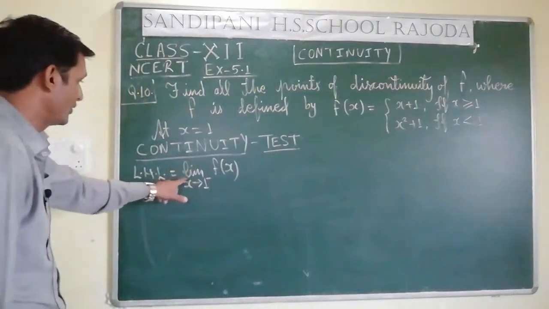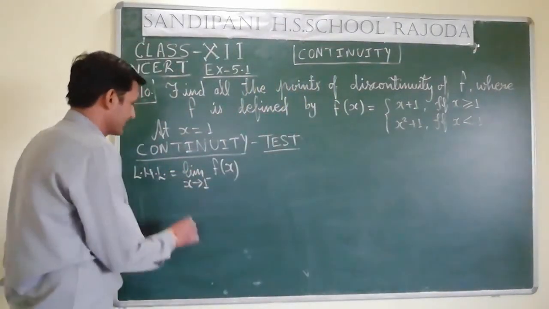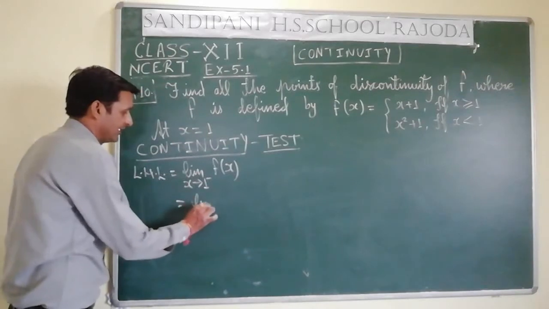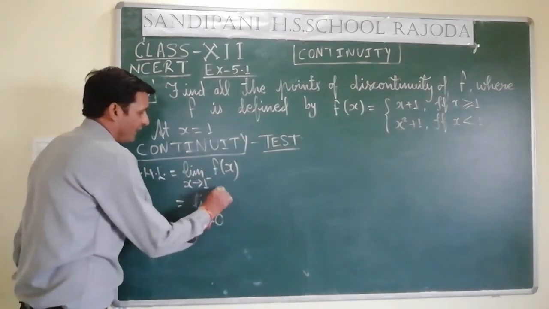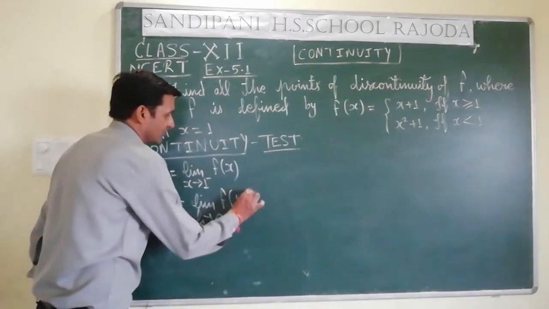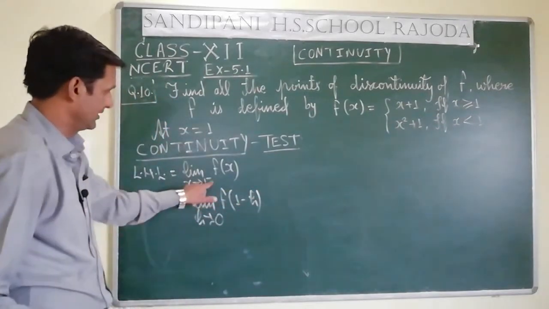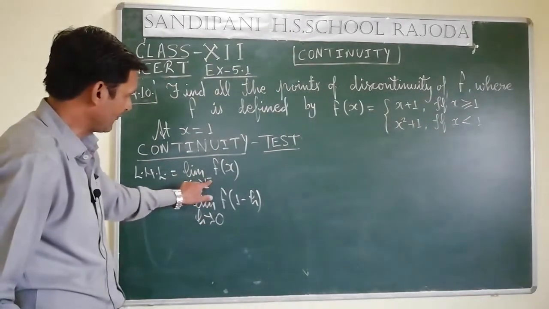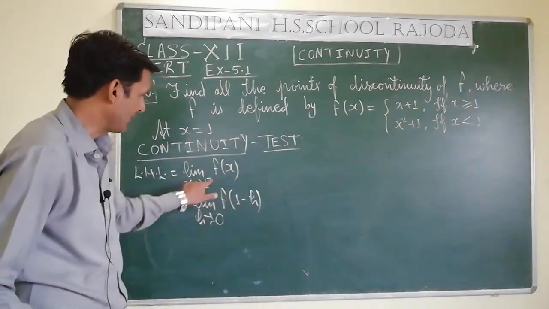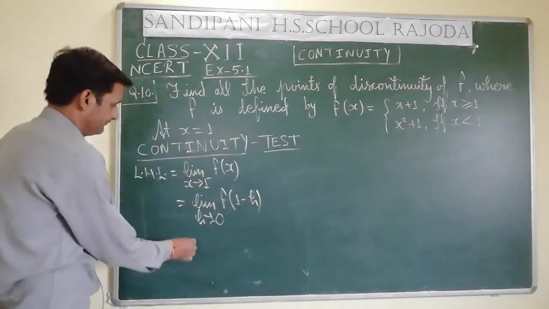So, this you have to remember, this type of thing also happens, and it may cause a mistake in your examination. So, limit x tends to 1 minus f of x, it is equal to limit h tends to 0 f of 1 minus h, because it is assigned as 1 minus. So, on changing limit, we have to write 1 minus h.